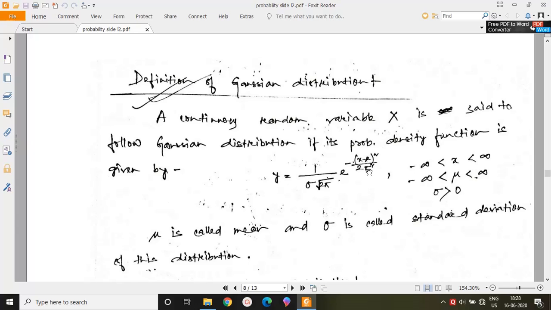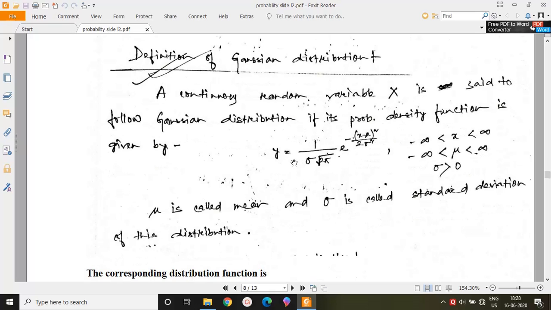Sigma is your standard deviation, mu is the mean of this distribution. You have the condition minus infinity less than x less than plus infinity. X lies in that range, mu also lies in the same range, and your standard deviation is a positive quantity.